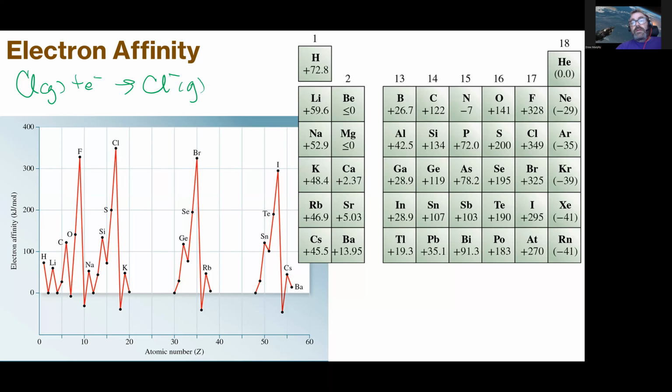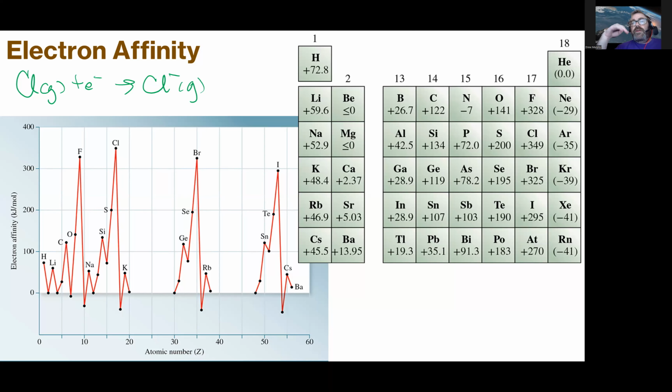Anyway, there's an economic parallel here about atoms and electrons and energy. Electrons can be bought and sold using energy. If you're going to take an electron away from an atom, you have to give it energy to get that electron back.